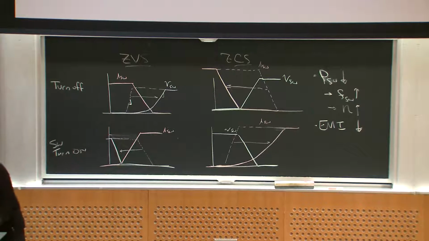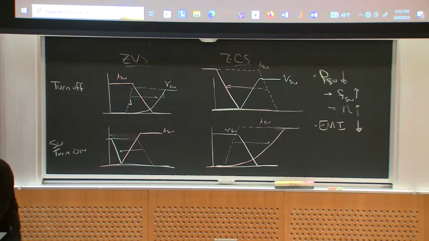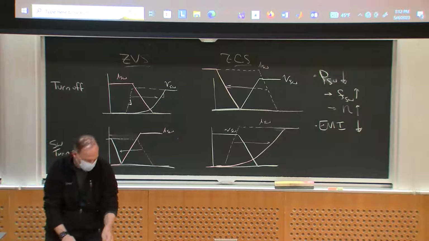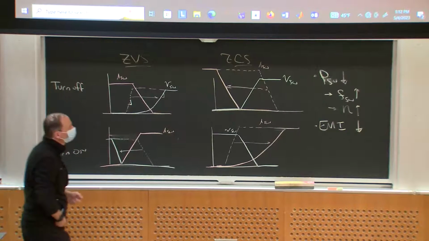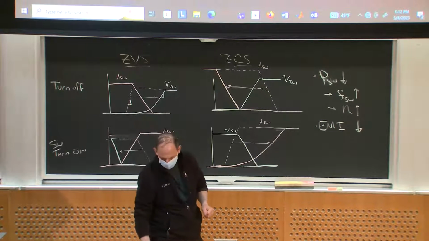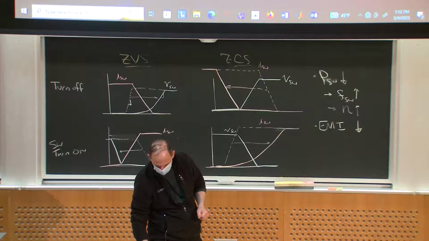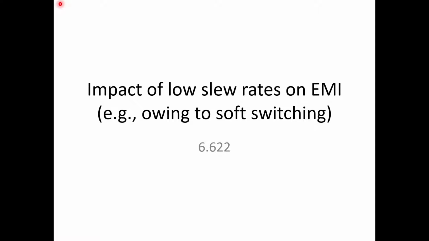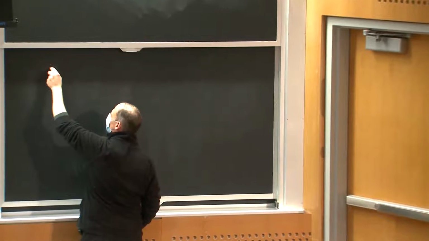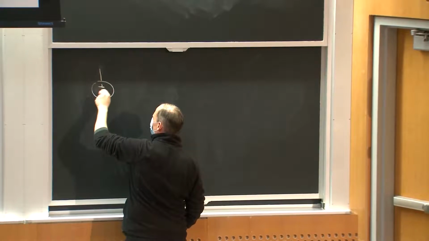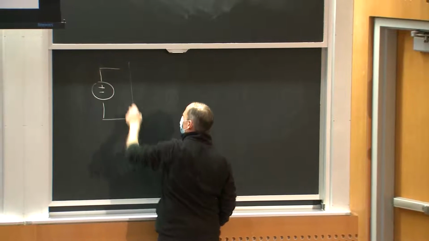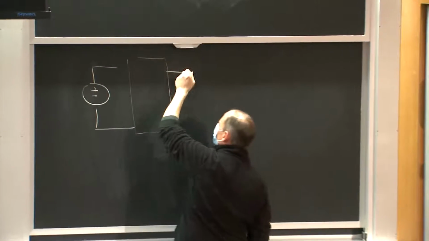So before we talk more about soft switching, let me think about this in a little bit more detail. Let's think about the soft switching impacts on EMI. So if I thought about my buck converter, for example, okay, so here's my buck converter. And usually I'm going to put some input filter here, okay?